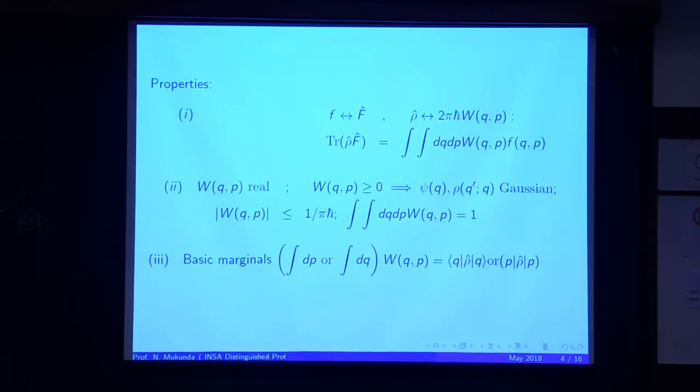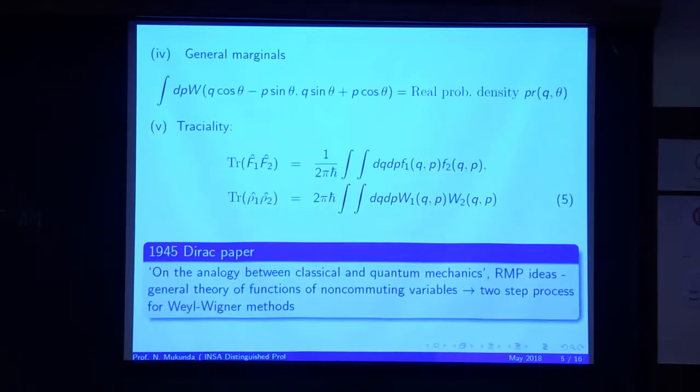More generally, there is a marginal type relation. If you integrate the Wigner function along a line at some angle to the Q axis, the result is again a real probability density, which is written sometimes in this way.